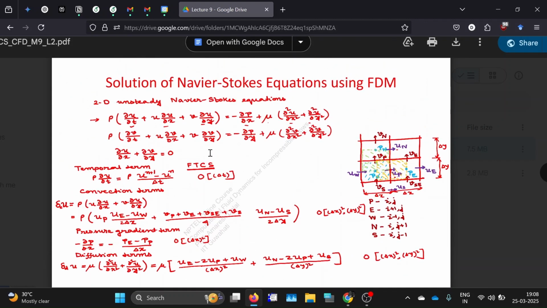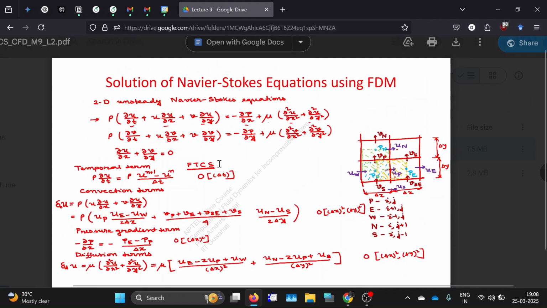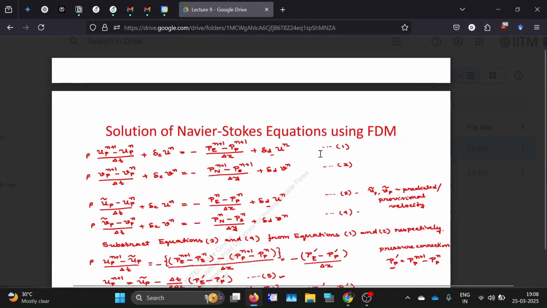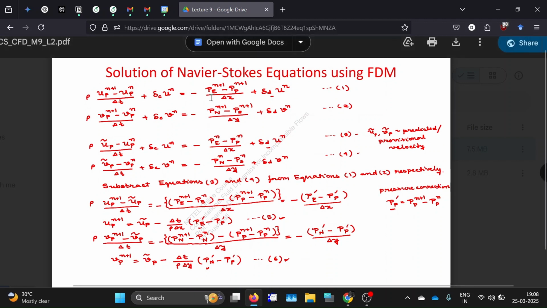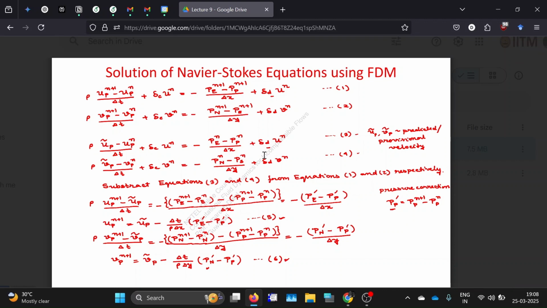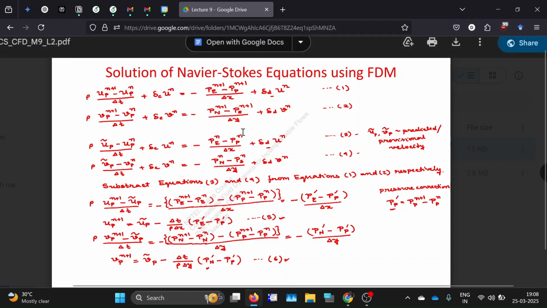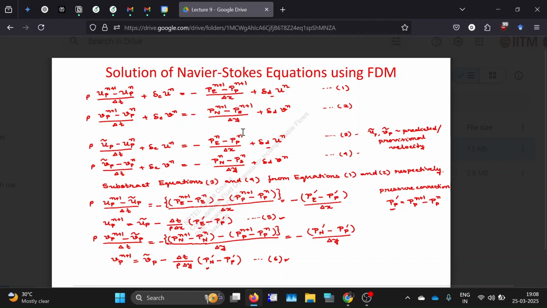So if sir is telling that this is FTCS, this is FTCS for U. So whatever term u I used, that I will take for the nth time step only. Yeah, but pressure is driving. Yeah, logically it is correct, but mathematically, like we are randomly putting anything.